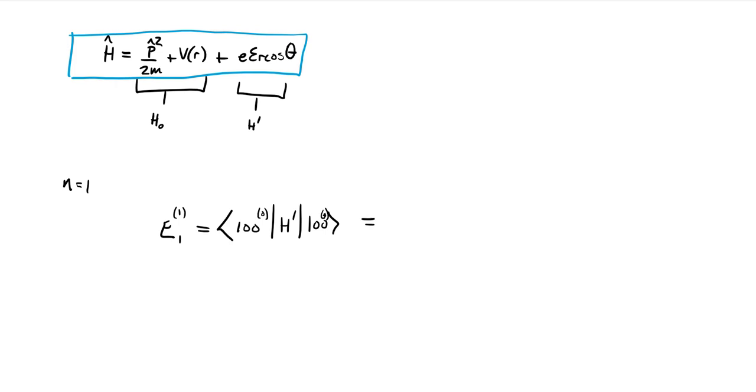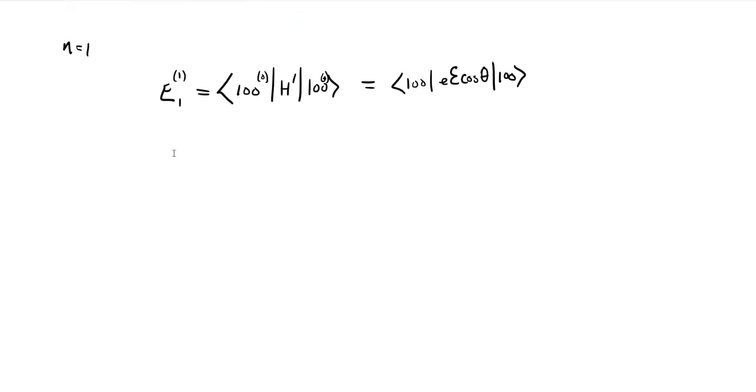So in this case, that's just the 1, 0, 0 state. We take our perturbation Hamiltonian, eE cosine theta, between 1, 0, 0. That's what we have to solve, and that's what's going to come of that energy correction.